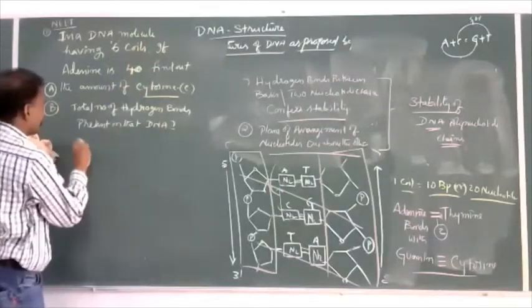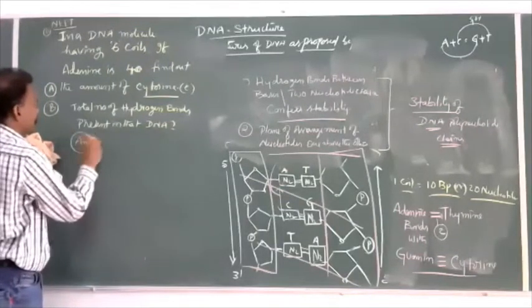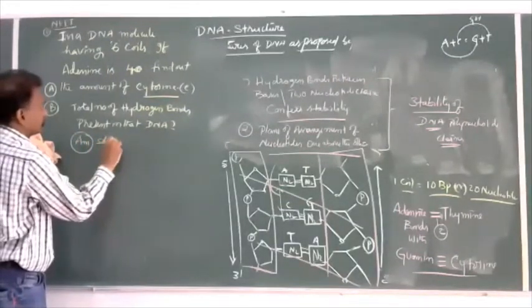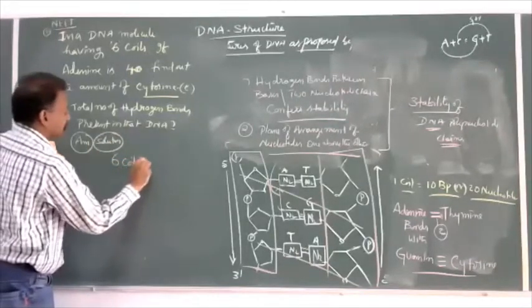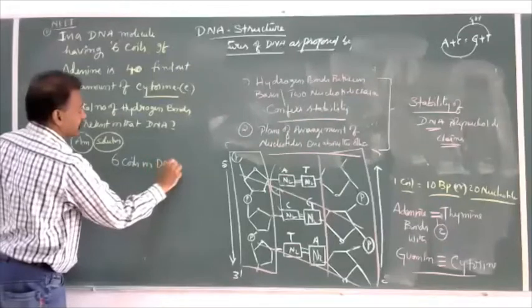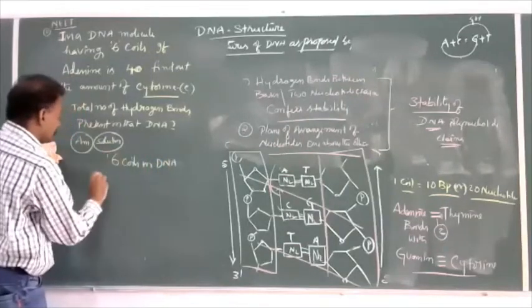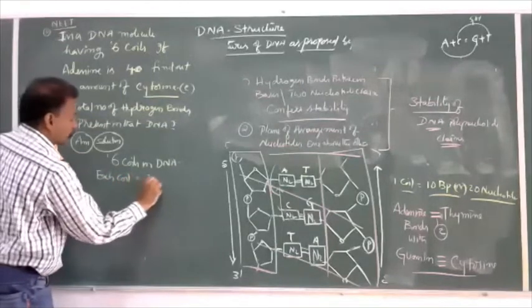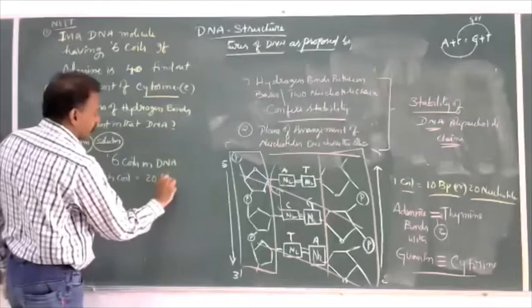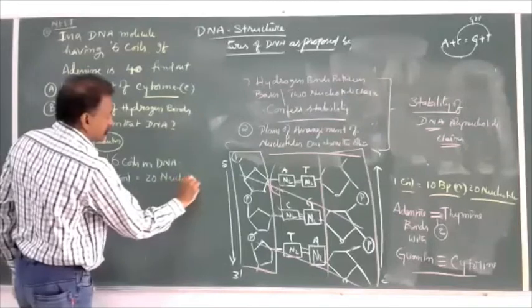6 coils, answer or solution. 6 coils in DNA. Each coil 20 nucleotides.